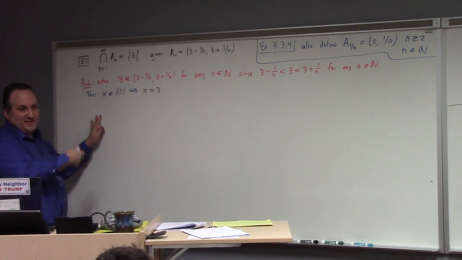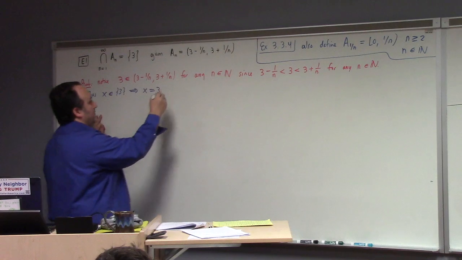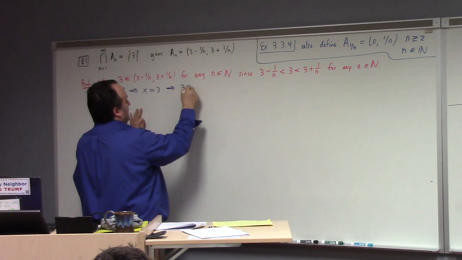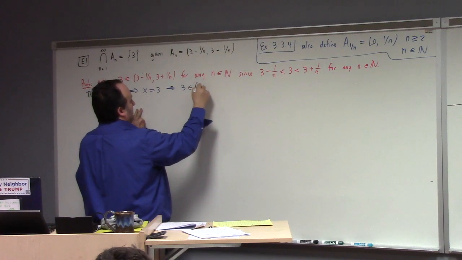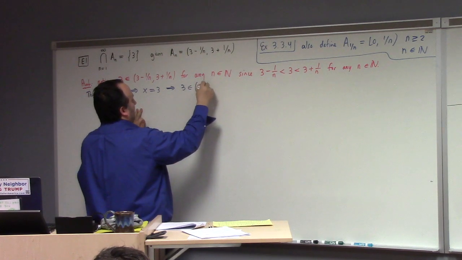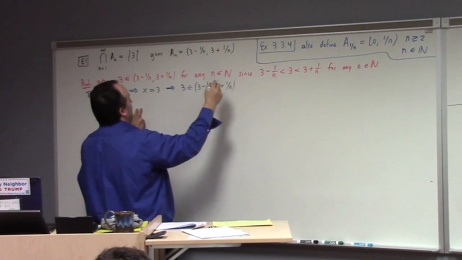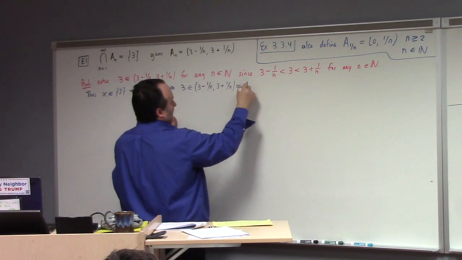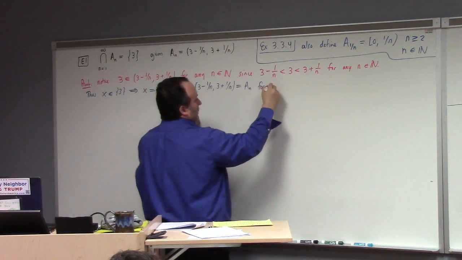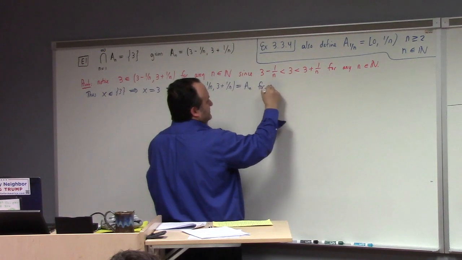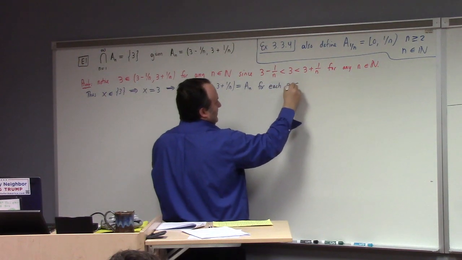This is kind of silly, but there's only one element in there, which implies that 3 is an element of the set (3 minus 1 over n, 3 plus 1 over n), which, by the way, we defined to be a sub n, for each n in the natural numbers.